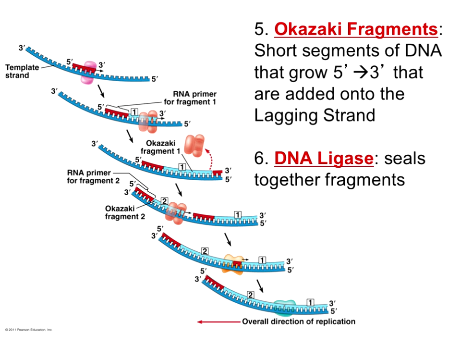Okazaki fragments are going to be used to build the lagging strand. So you can see we have one fragment here, fragment 1, that's going to be put in, and then we're going to get another RNA primer, and then we're going to get a second fragment put in, and then we're going to get another primer, and then another fragment would be put in.